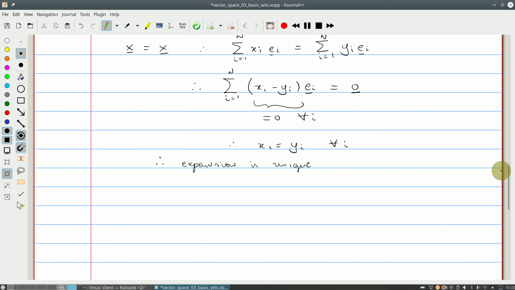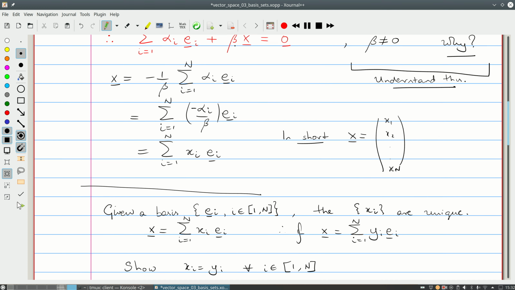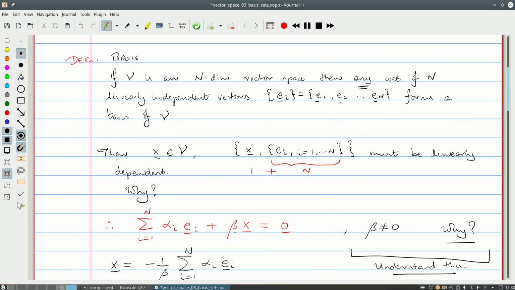All right, so that's our definition of a basis. Just a reminder, the basis of an n-dimensional vector space is any set of n linearly independent vectors ei. Any set can be used as a basis for this space. Which one you use is up to you, but any one of them can be used.